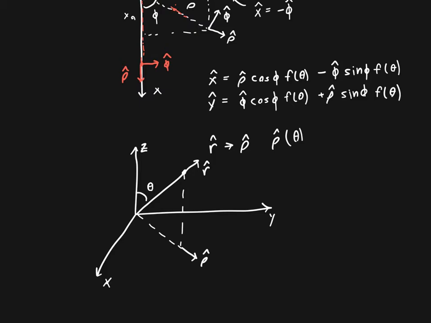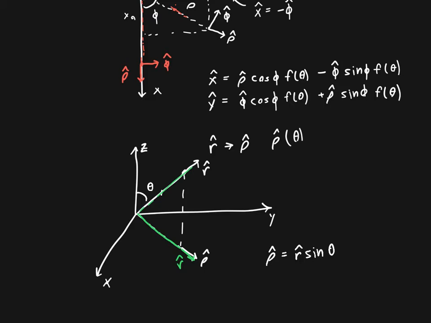So when theta equals pi over 2, or 90 degrees, this line here, and I'm going to draw this line in green, this line is exactly the same as the projected line, and rho hat is exactly the same as r hat. So rho hat is just equal to r hat when theta equals 90 degrees, and the trigonometric function that does that is sine theta. And so that is our dependence of rho on r.